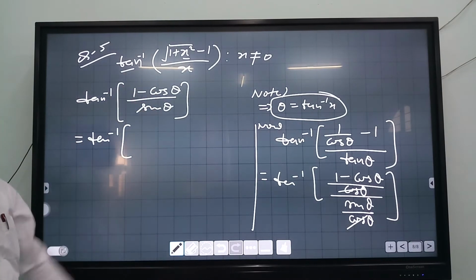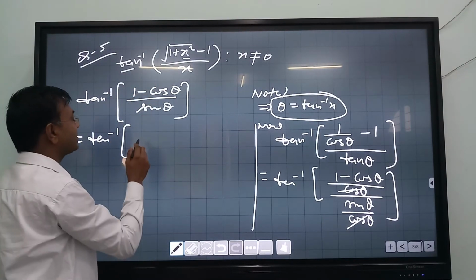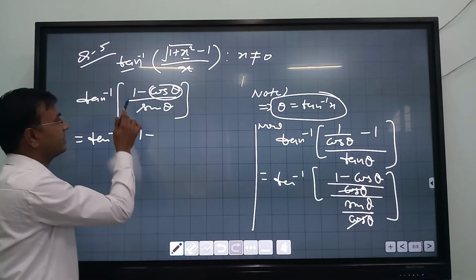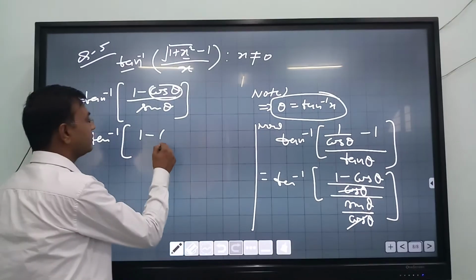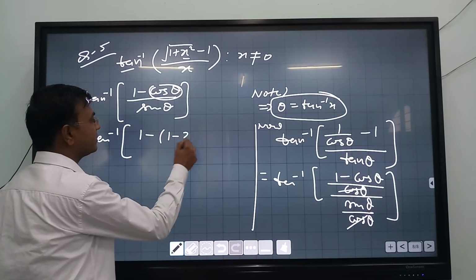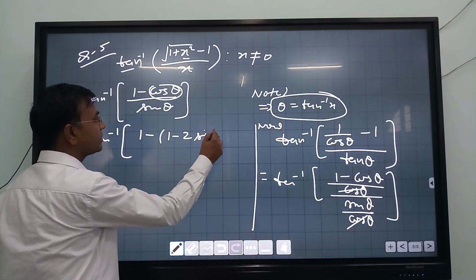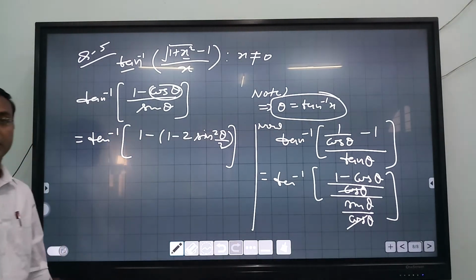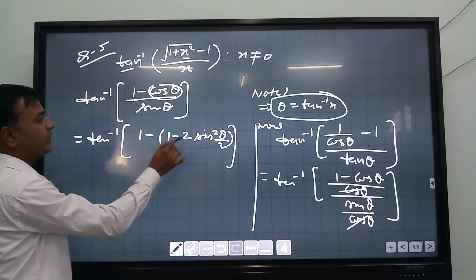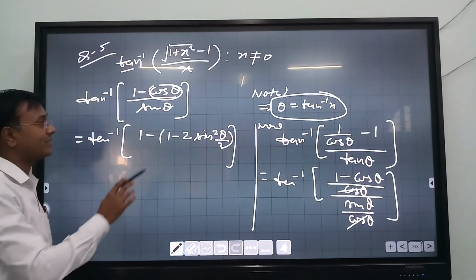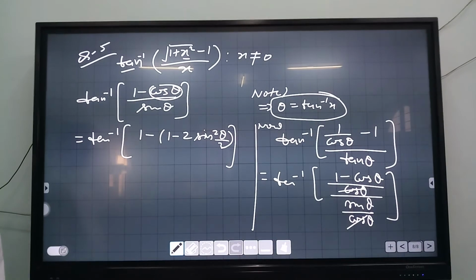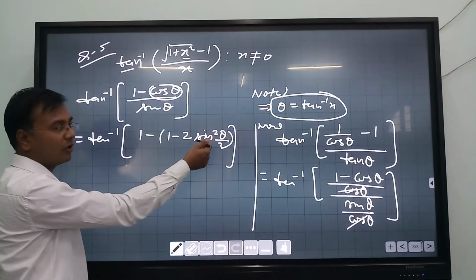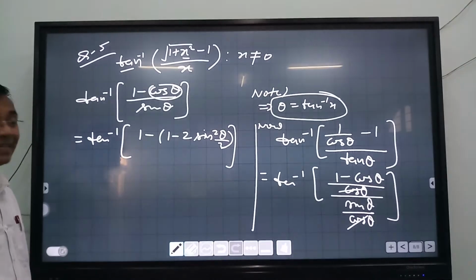So further we have to solve the expression 1 minus cos theta. There is an identity of cos theta so that this 1 is cancelled out. We can use 1 minus 2 sin square theta by 2, studied in class 11: cos theta equals 1 minus 2 sin square theta by 2, the identity of cos 2 theta. There were 4 identities of cos theta, in terms of sin, cos, tan.